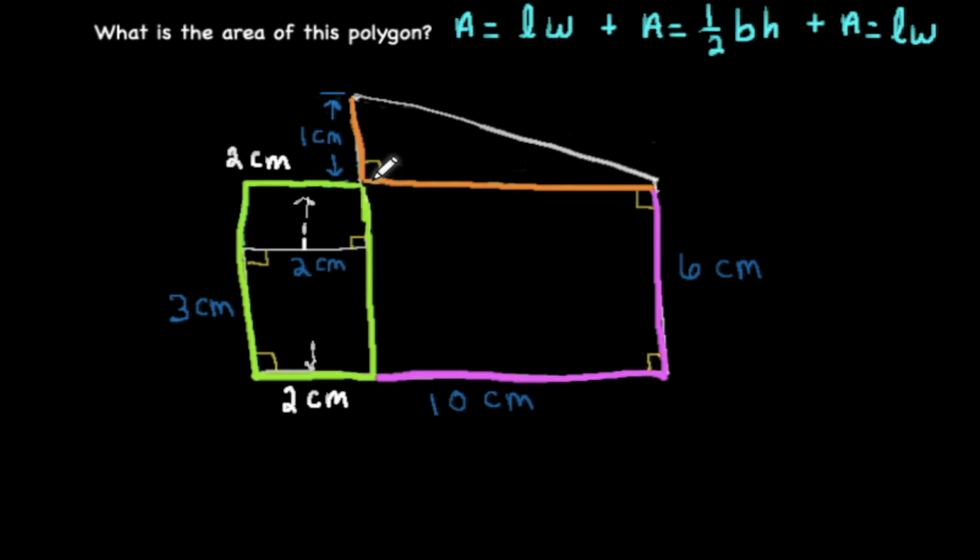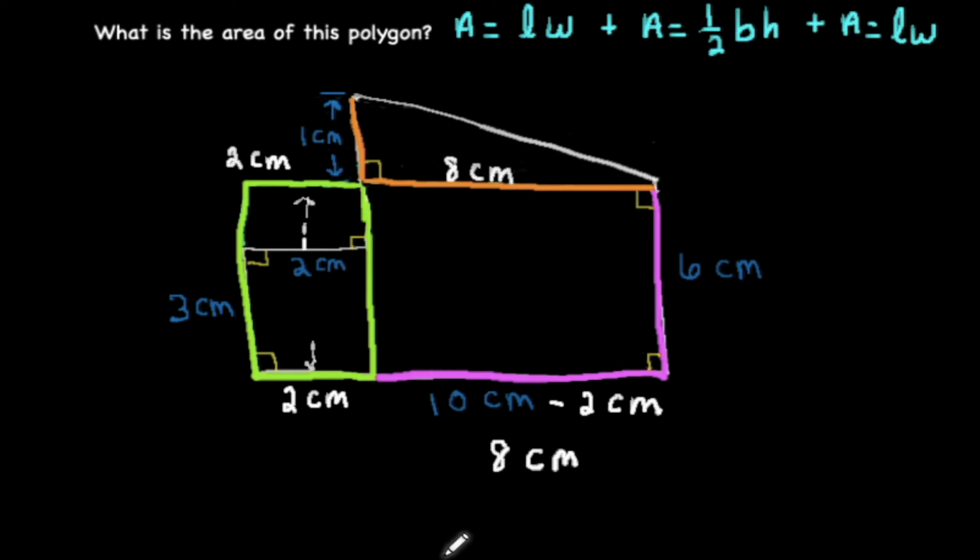This base extends all the way out here, but this base extends out here for the triangle. So let's subtract 2 from 10. And so the base here is 8 centimeters. That means the base here for the triangle is also 8 centimeters.